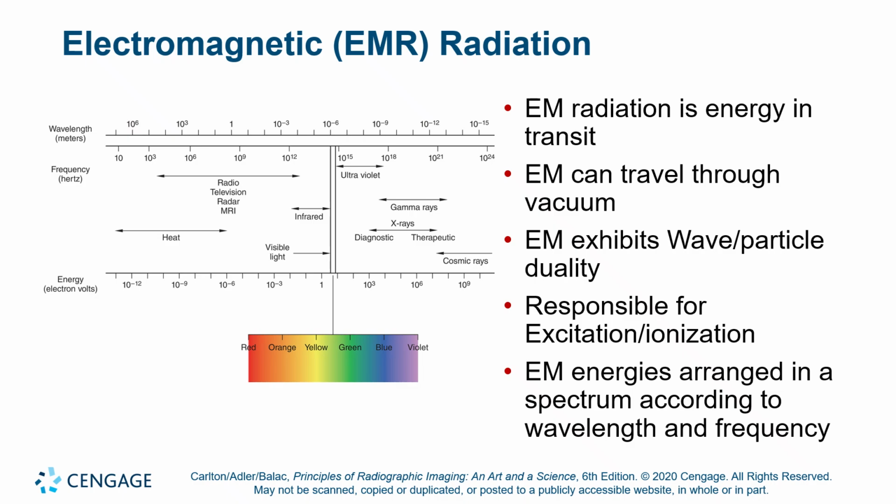And so here's the entire spectrum, and you can see low energies are over on the left-hand side of this chart. Visible light is just about in the middle, a little bit to the right of the middle. And then higher energy photons like X-rays are closer to the right-hand side of the spectrum.